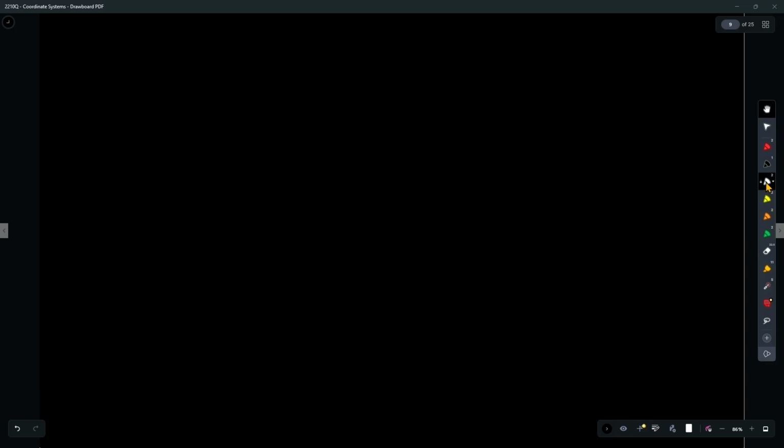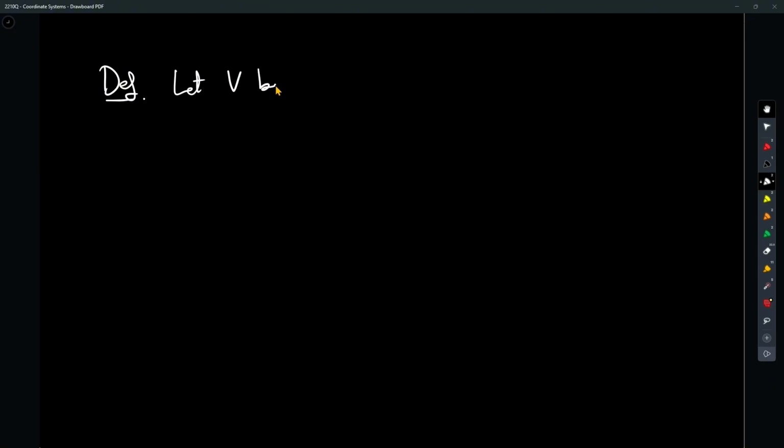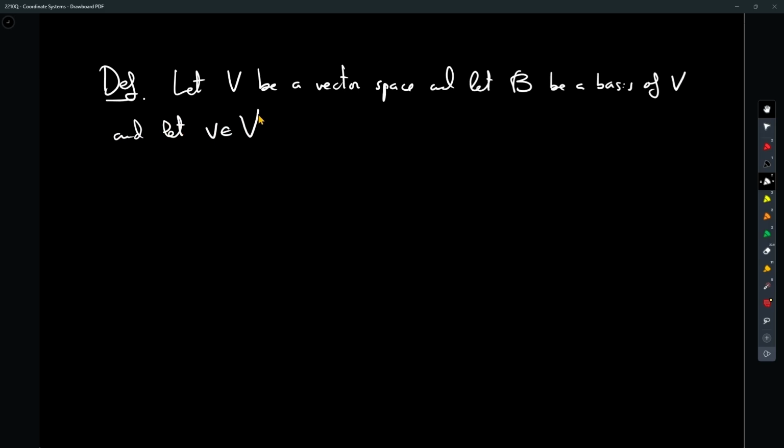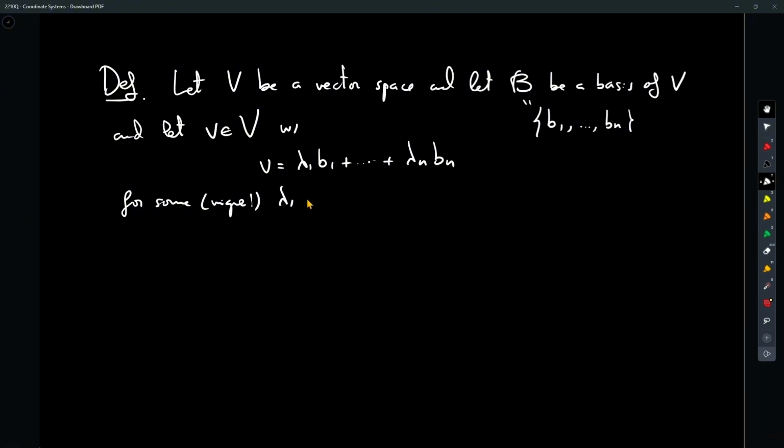So let's define that more concretely. Let V be a vector space, and let B be a basis of V, and let v be in V with an expression v equals lambda 1 b1 plus ... plus lambda n bn, where the vectors in the basis are b1 through bn, for some unique lambda 1 through lambda n in the real numbers.